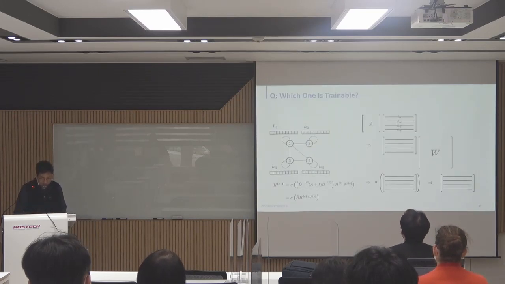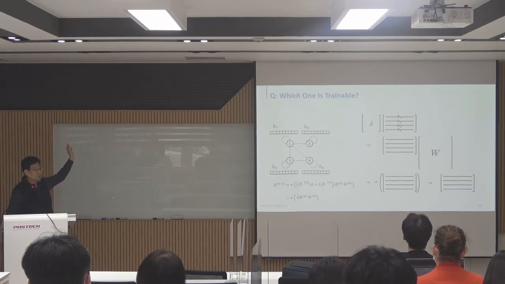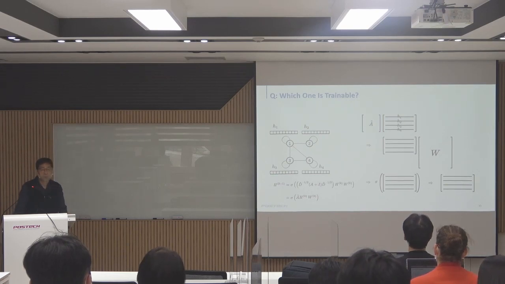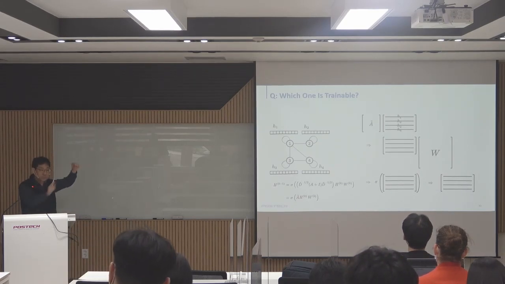Okay, so the question is, in the aggregations and the update process, which one is trainable? Which one is trainable? In CNN, which one is trainable? Kernels, right? The omegas, you remember, like 3-by-3 kernels, or the elements.